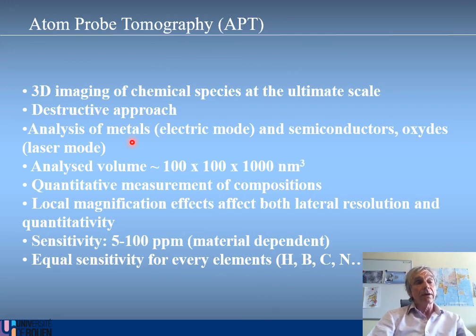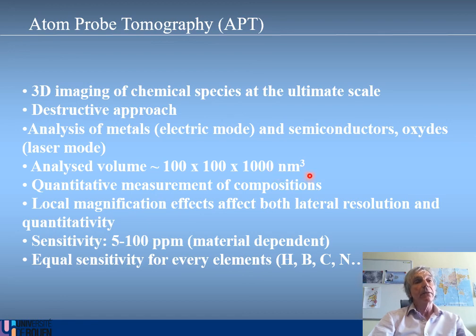This technique can not only analyze and investigate metals in the electric mode, but if you use laser pulses, you can investigate semiconductors as well as insulators, oxides, and so forth. So this is the typical analyzed volume, which is rather small.